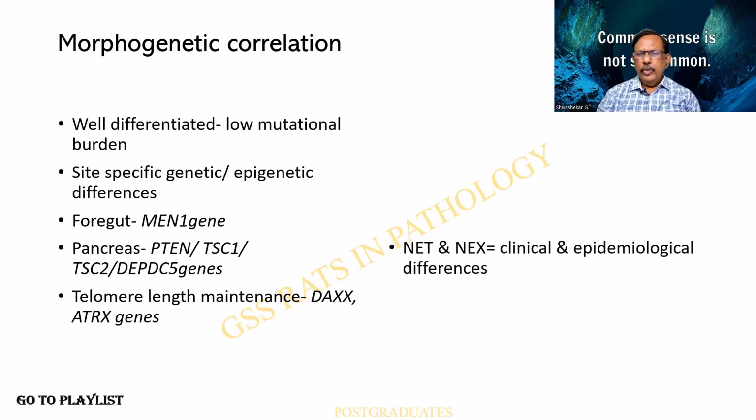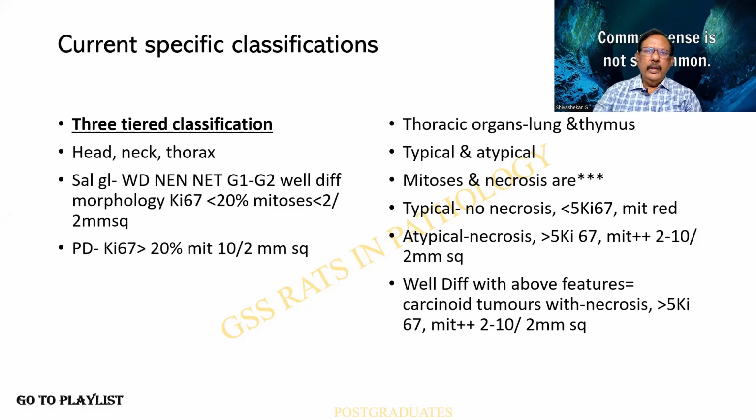This particular one, already you people might be knowing, but again we can revise it a little bit, worth its weight. And now coming to the topic per se, what are the current specific classifications? It appears very weird but not so difficult. He has mentioned a three-tiered classification.